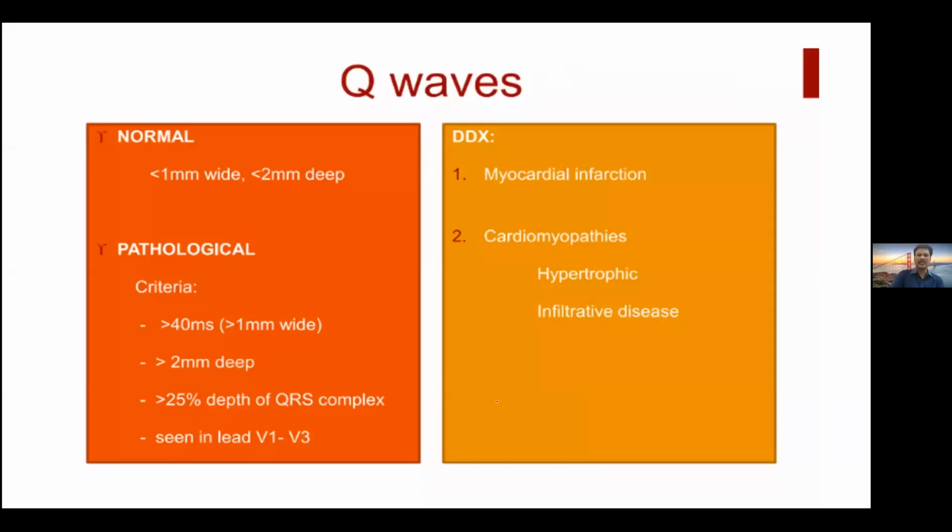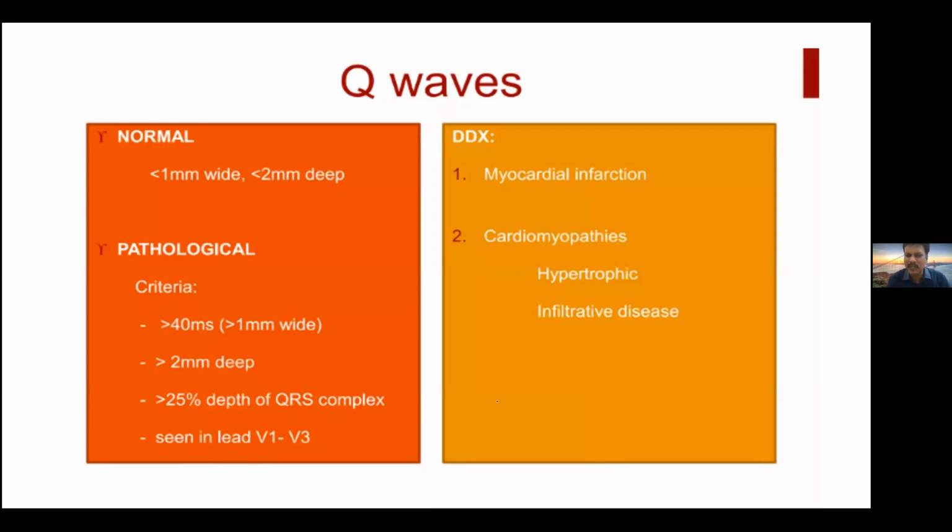I am just putting it very simply. A normal Q wave is less than 1 millimeter wide. See, I'm carrying a message in cardiology, some conceptual understanding. That means less than one small square width is a normal Q wave.